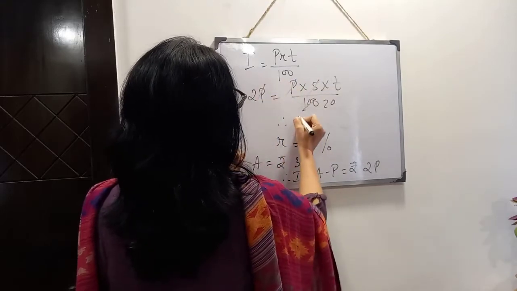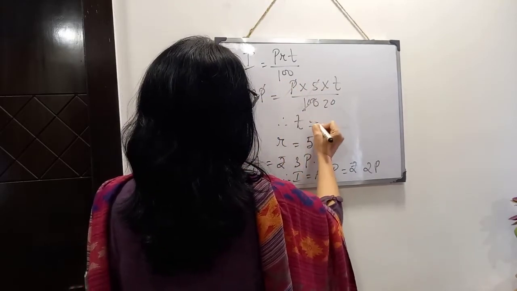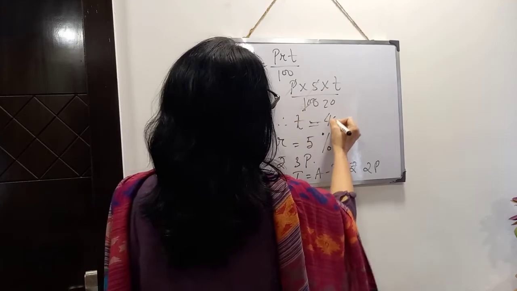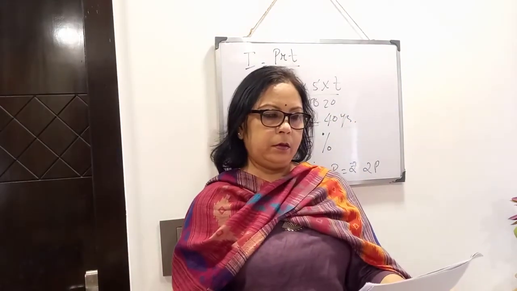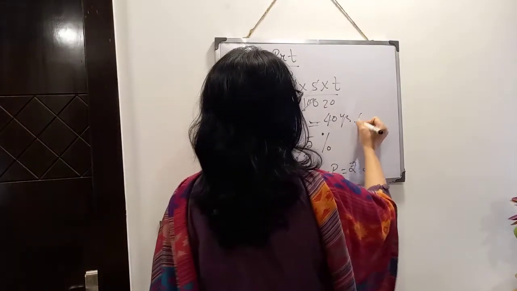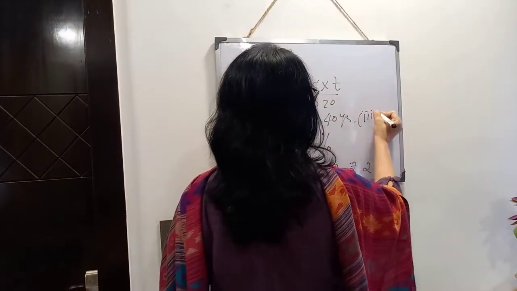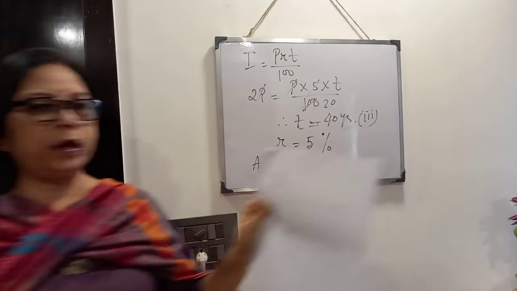P cancels out. Therefore, T is coming 20 into 2, 40 years. Here your option number 3 is correct. T equals to 40 years.